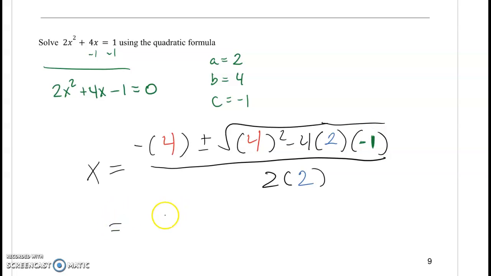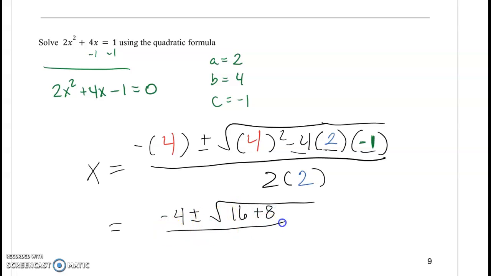Simplifying, I know you want to use your calculator. It's a little bit easier to do a little bit of this yourself. 4 squared is 16. Negative 4 times 2 times negative 1 is positive 8. And then the bottom, 2 times 2 is 4. So it's negative 4 plus or minus the square root of 24 over 4.